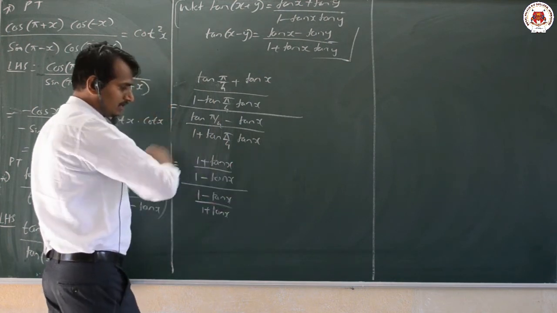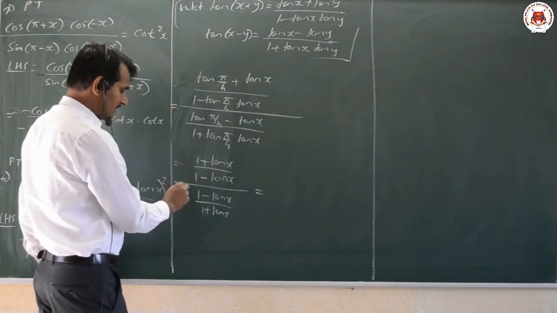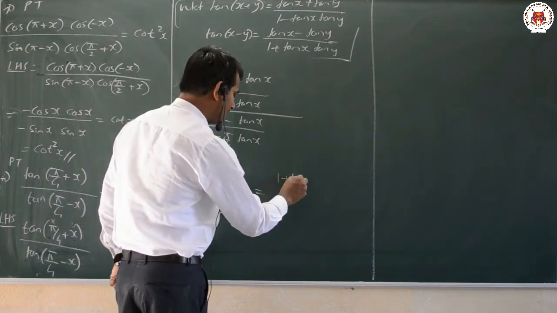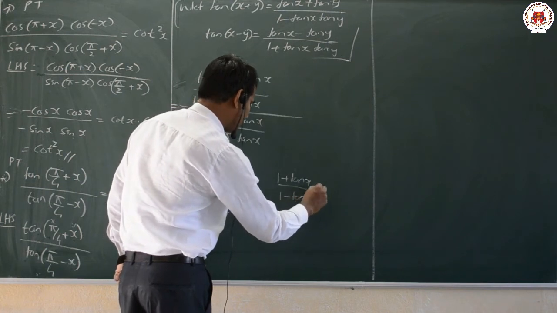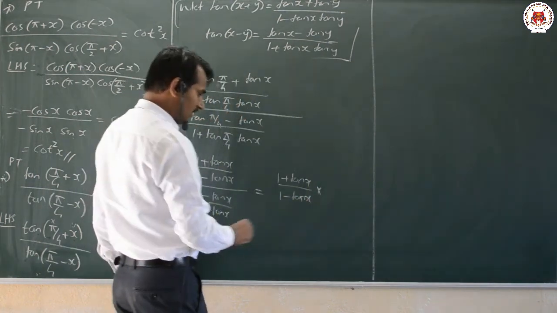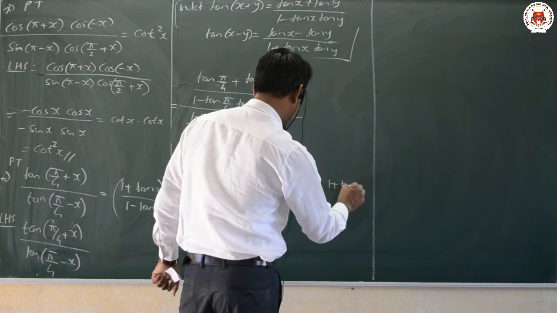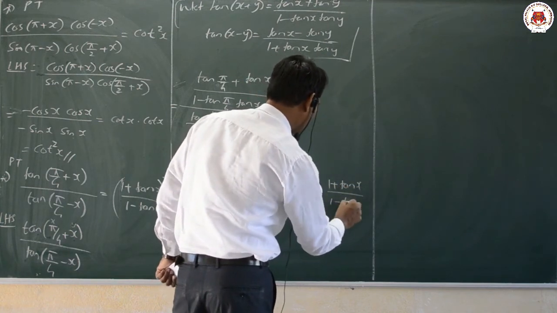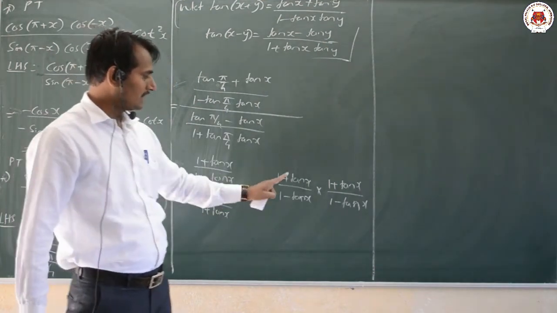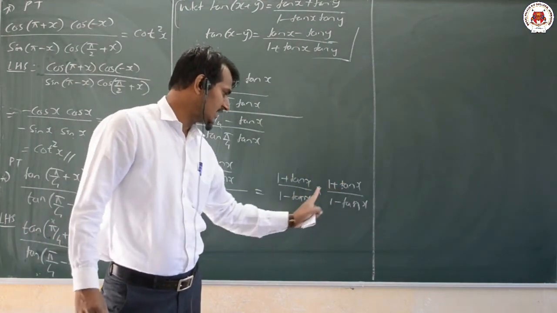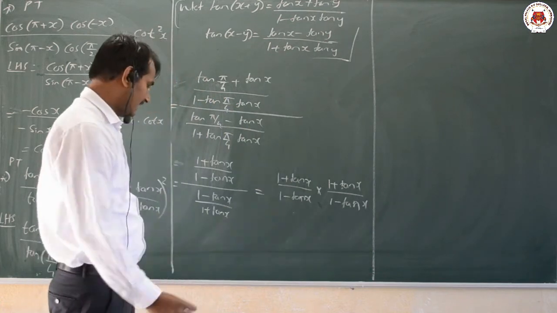I will take out the reciprocal. That is nothing but 1 plus tan x divided by 1 minus tan x, taking the denominator to the upside. Now here we can observe that 1 plus tan x and 1 minus tan x, I can take the whole square.